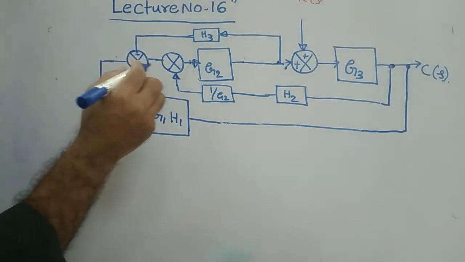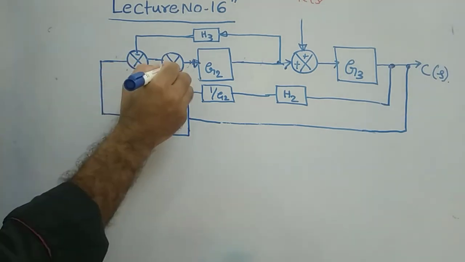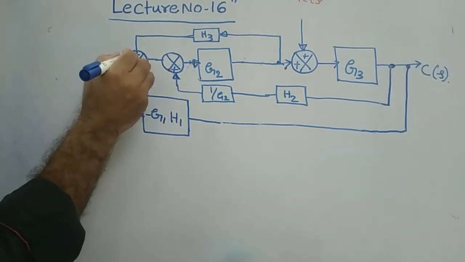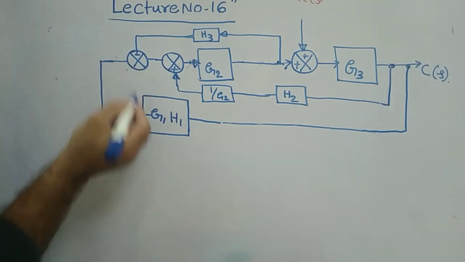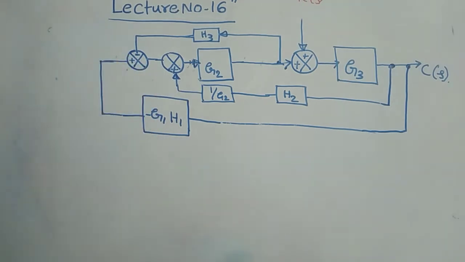Again, this is your plus, this is your plus. This is your minus, and however, the minus is there already, so you can write plus here, no problem, minus is there, minus will come.